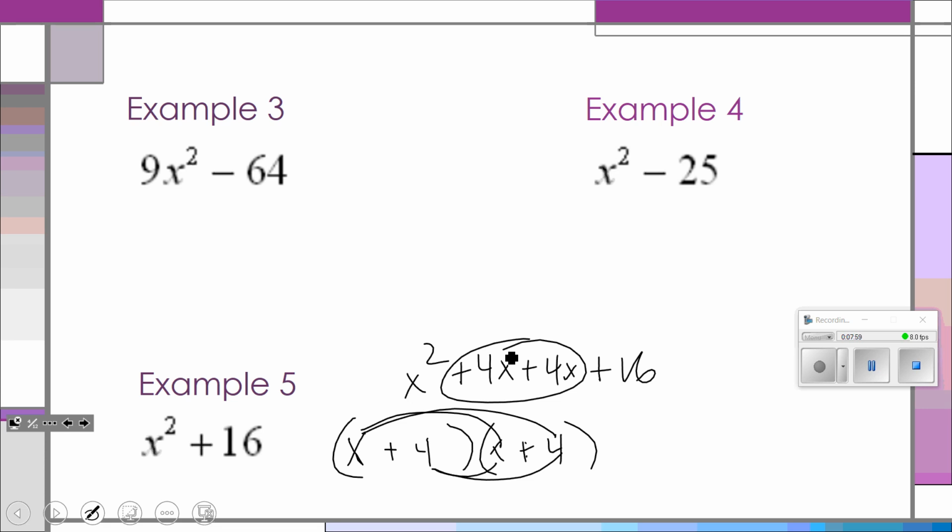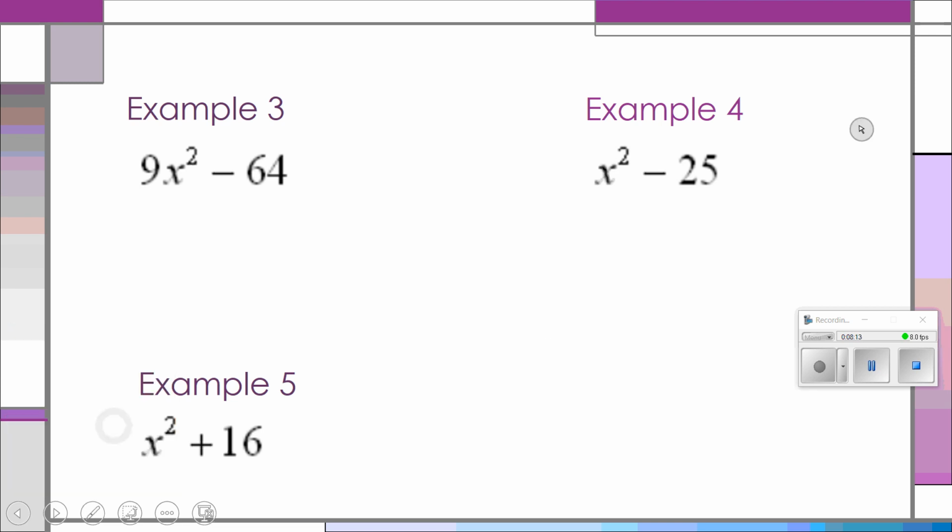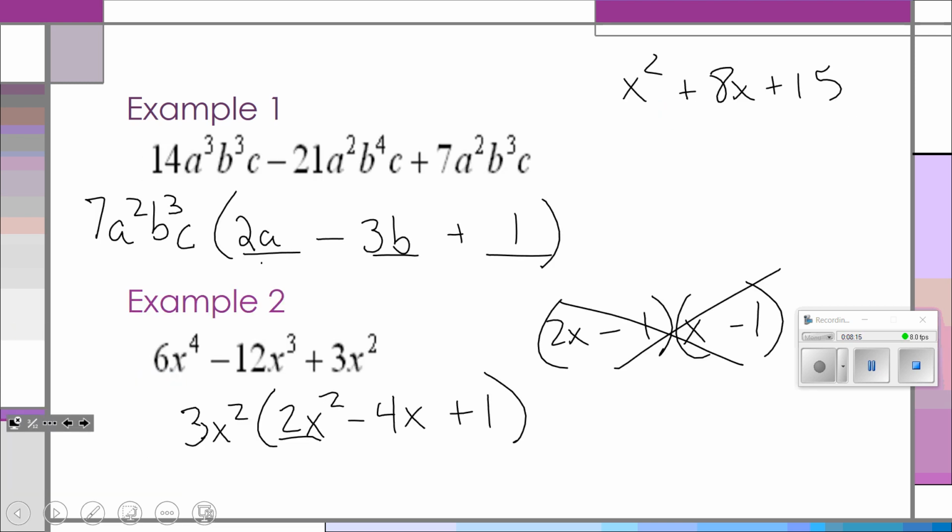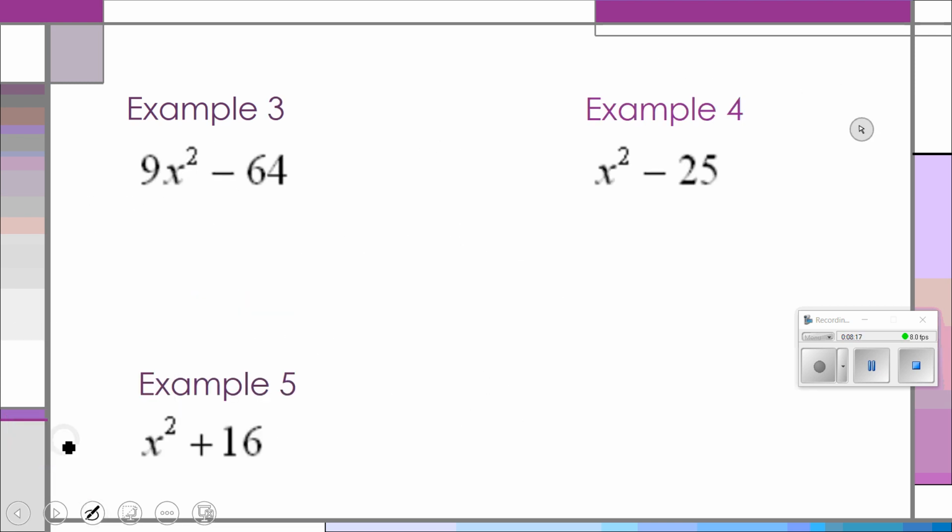You could do one positive, one negative, like a difference of two squares. The middles will cancel, but you'll get a negative 16 on it. It's just not going to work. So what can you say about example 5? You can just say not factorable, or you can say prime.